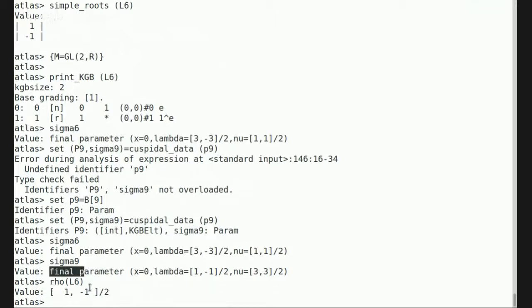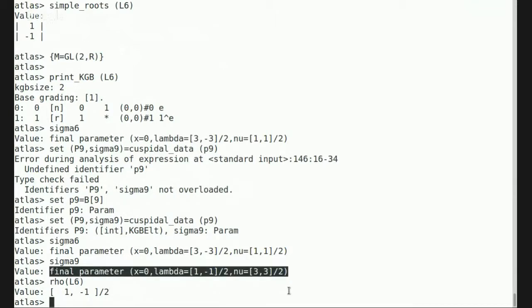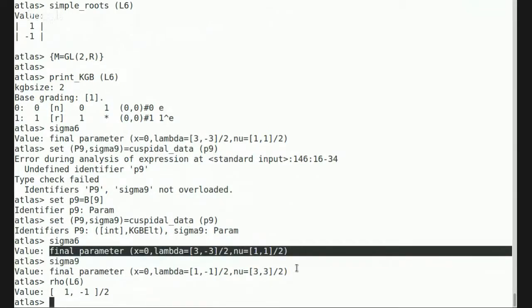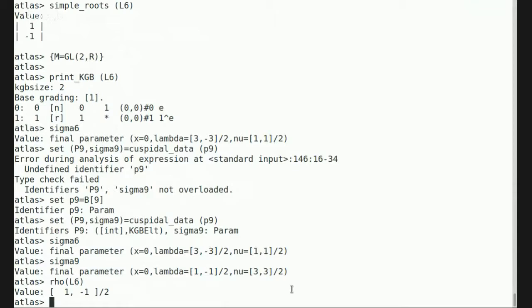The discrete series on the SL2 is the one with infinitesimal character rho, and this parameter here on the SL2 is the next one up. And the nus are sort of complementary. They look like this. Okay, so that gives you two parameters on this Cartan.